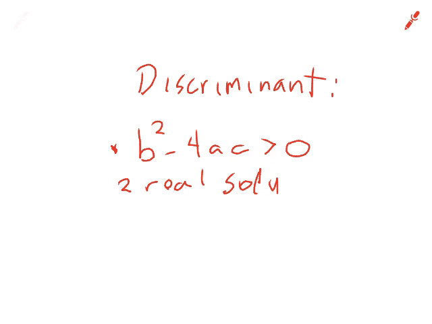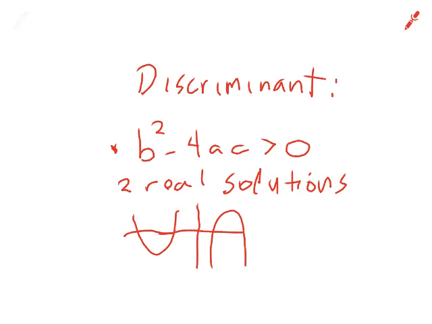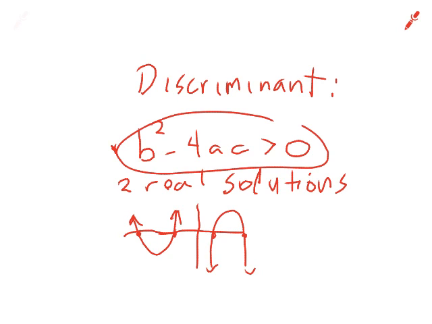They're real numbers, and that means that the parabola, whether it opens up or whether it opens down, it doesn't really matter, is crossing the axis 2 times, in 2 different places. And that's if the discriminant is positive.